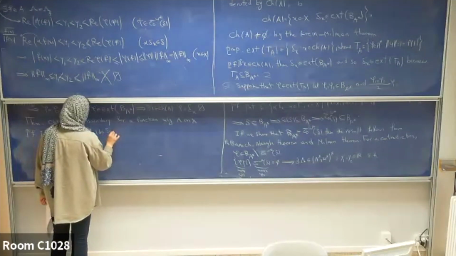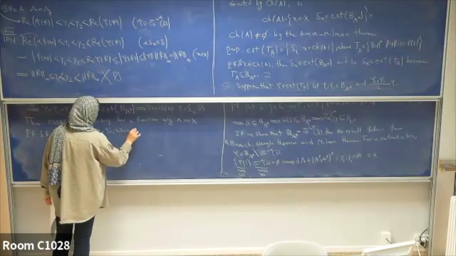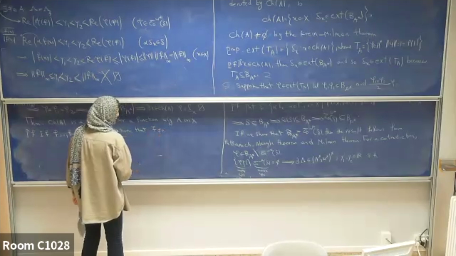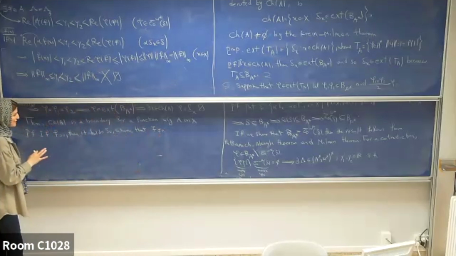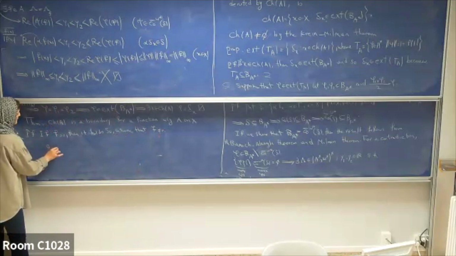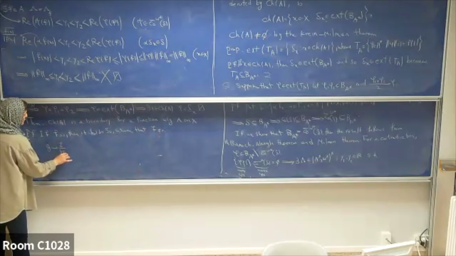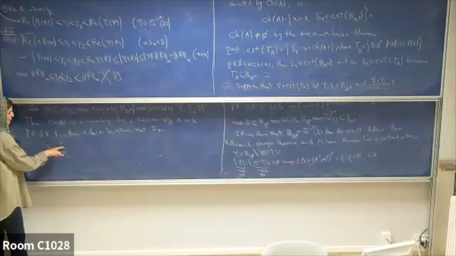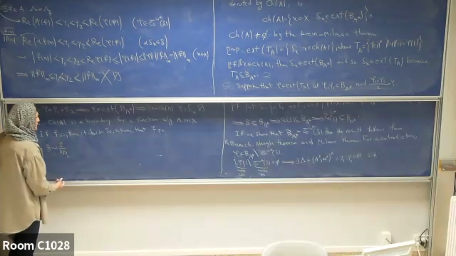So assume that f is not 0. We assume without loss of generality that the supremum norm of f is 1, because otherwise we can consider g equal to f over the norm of f, which we know is not 0. If f attains its maximal modulus at, for example, a point x, then g also attains it at that point x, and conversely, so it doesn't matter; we can consider that the norm of f is 1.